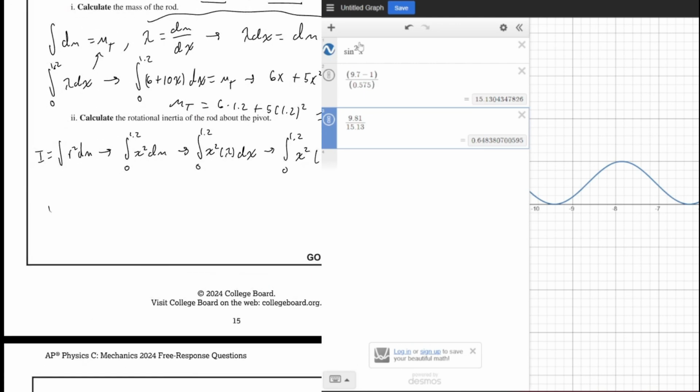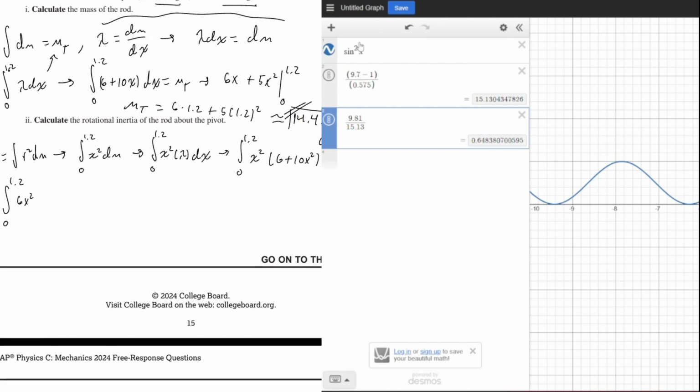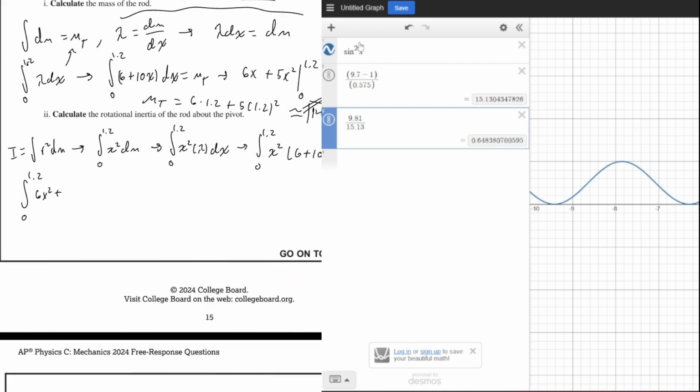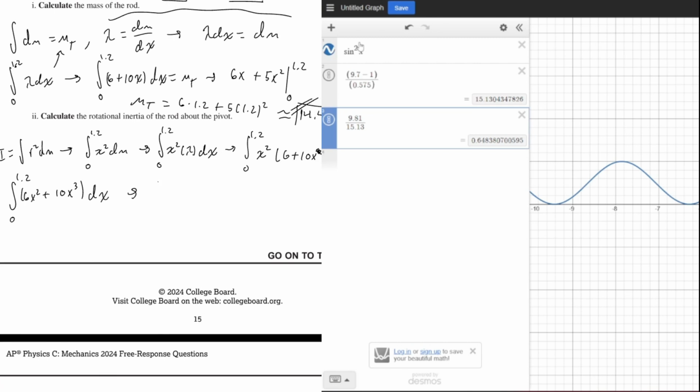Now I'm going to distribute, and I get the integral from 0 to 1.2 of 6x squared plus, oh, made a mistake, plus 10x to the third dx. When you integrate that, that yields 6x to the third divided by 3, which is 2x to the third, plus 10 fourths x to the fourth, from 0 to 1.2.